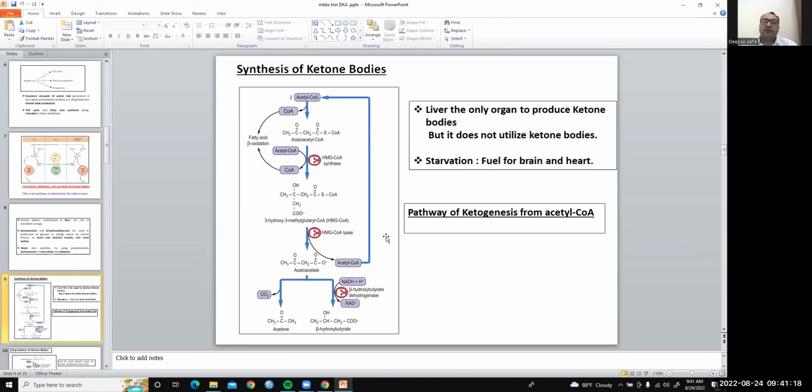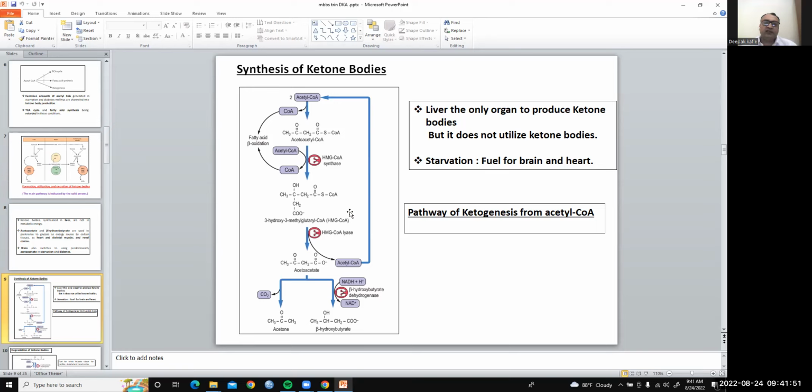Now let us see the process of the biosynthesis of the ketone bodies. We simply call this process ketogenesis, and the main source for ketogenesis is acetyl-CoA, which will be formed from the beta oxidation of the fatty acids in the liver cells. This process takes place when the liver cells are highly flooded with acetyl-CoA by means of the oxidation of fatty acids.